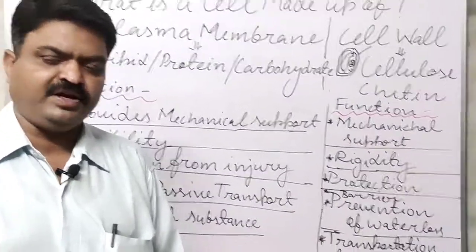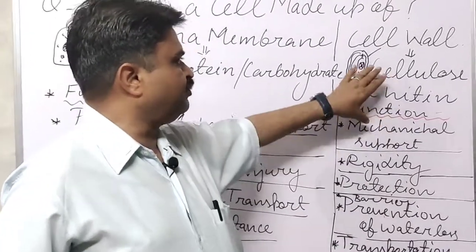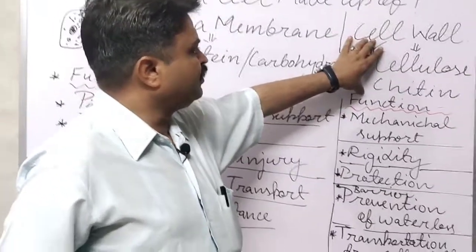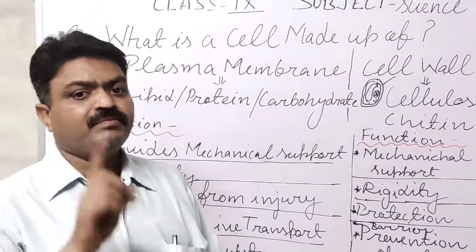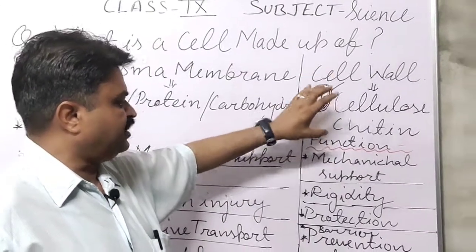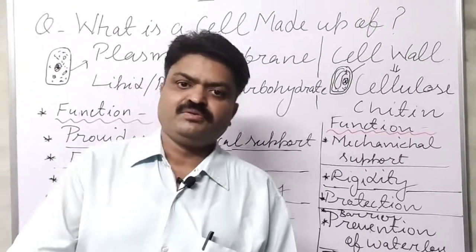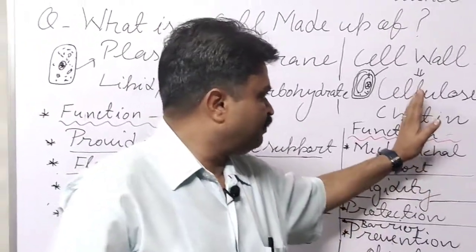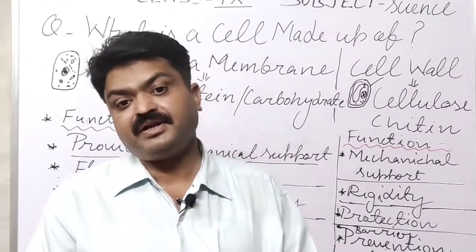It is made up of chitin, and it helps in the mechanical support of the plant cell or the fungi cell, student. It provides mechanical support to the plant or fungi cell. With this, it also maintains the rigidity of the plant or fungi cell. Means with the help of that, they can maintain their shape.